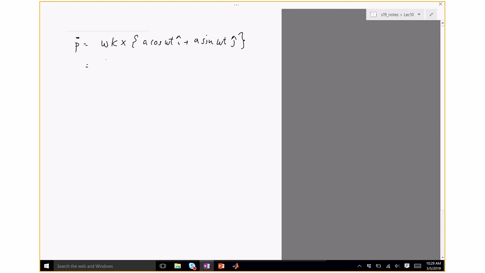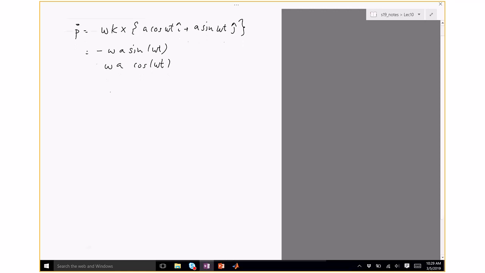which will be minus omega A sine omega t, omega A cosine omega t, 0.